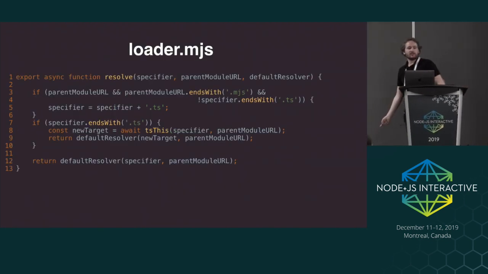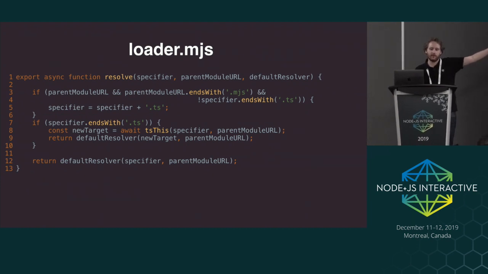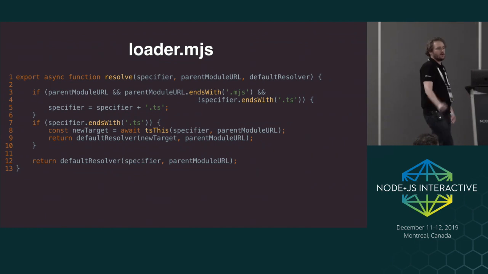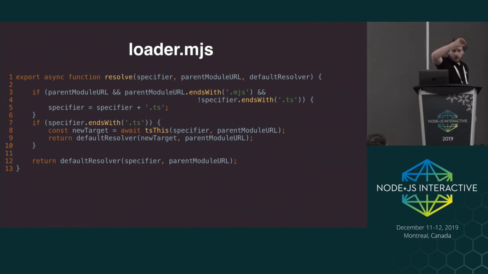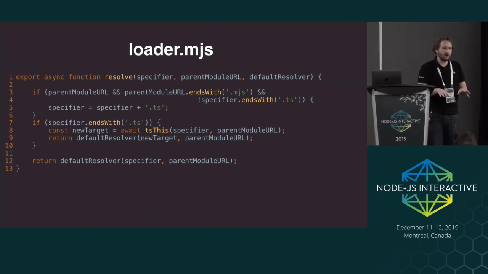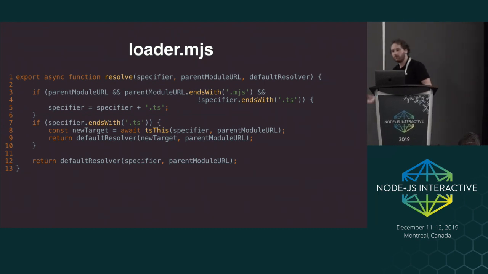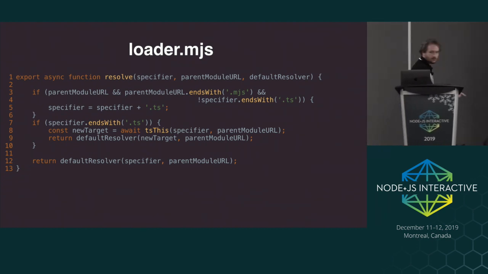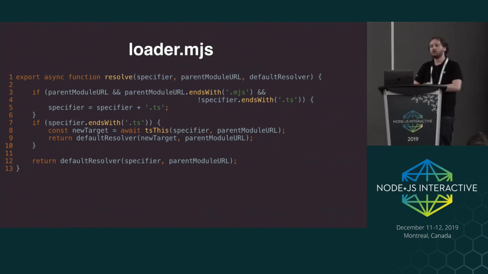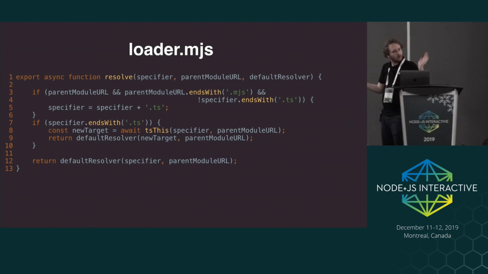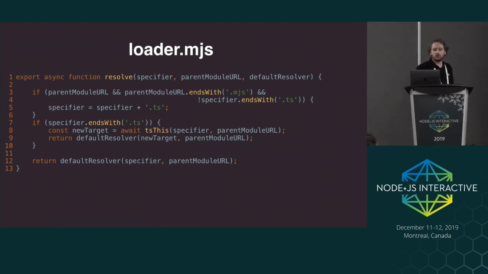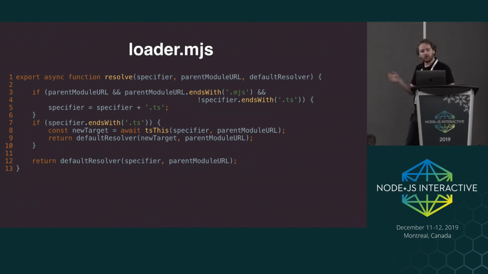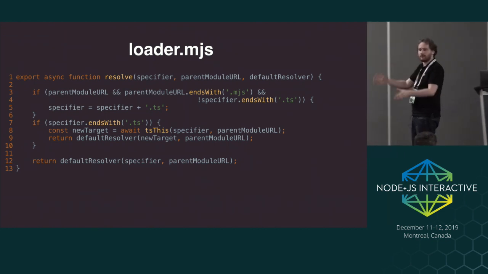Yes, we can. So once again, we create a function named resolve that is exported in the loader hook. What resolve will do on line 7 is that if the specifier, meaning the module you are trying to import, the string you pass to import, ends with .ts, in that case, it will ask for a new target, which is just a variable, that calls a method named tsThis, we will check that later, that gives actually the URL to a JavaScript file.